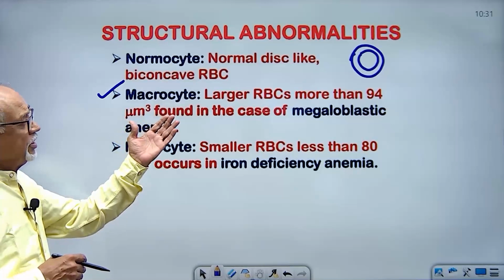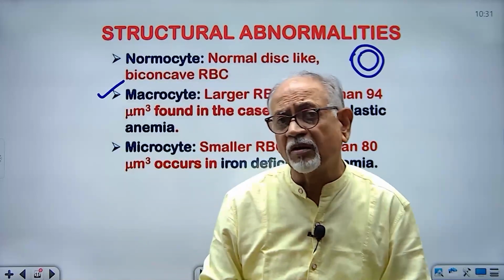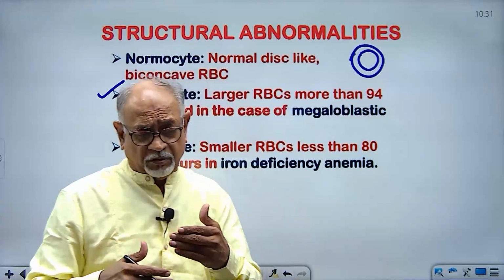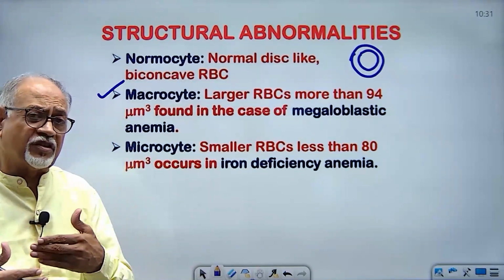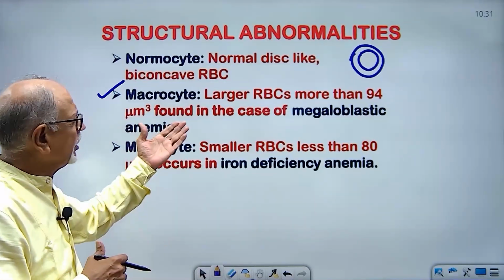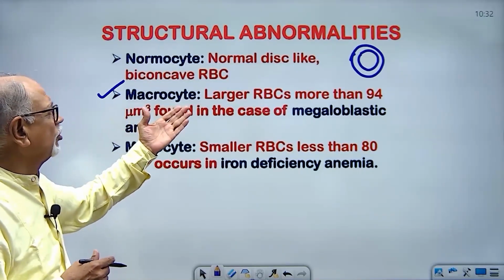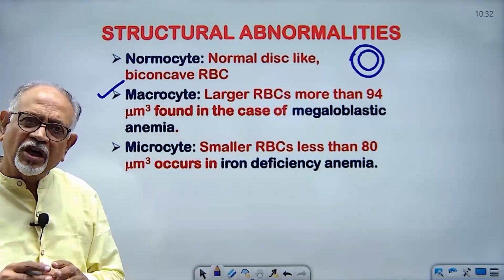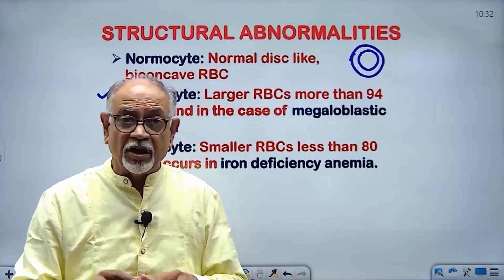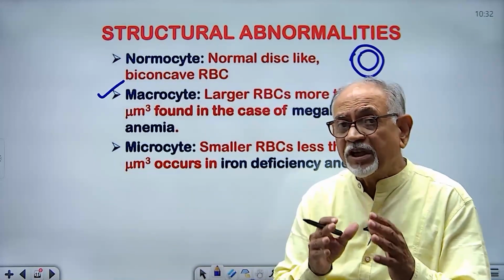But if the vitamins like folic acid, vitamin B12 are not sufficient, then those stem cells of RBCs which mature into RBC, they remain larger in size and nucleated. Such RBCs are called macrocytes, because such RBCs do not have a sufficient amount of hemoglobin, number one. Number two, their membrane is not that much flexible.